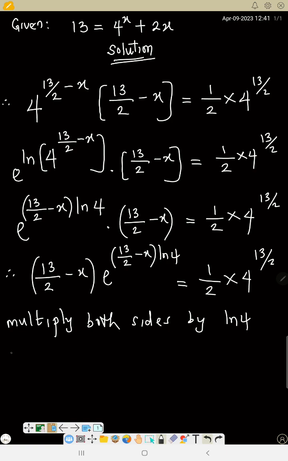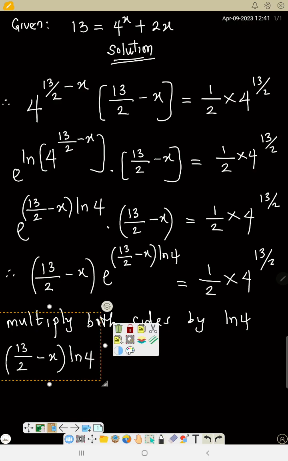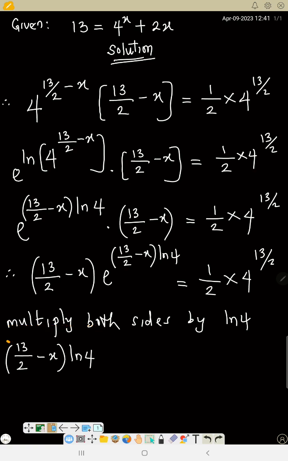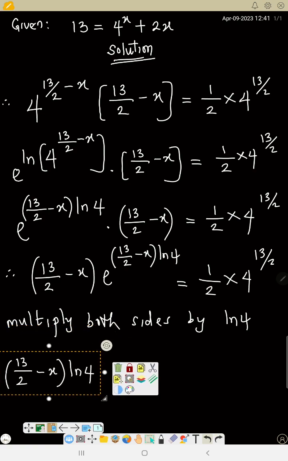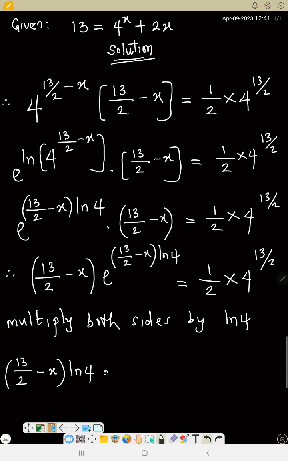So this will become 13/2 minus x ln 4, e raised to power 13/2 minus x ln 4, is equal to 1/2 times 4 raised to power 13/2.